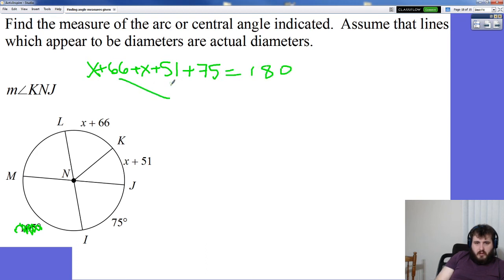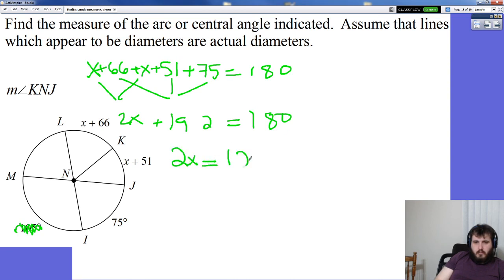And just combine your like terms again, just like usual. We got 2x plus 5, so that's 12, 8, 13, 19. 2x plus 192 equals 180. Subtract the 192. Divide by 2. That's x.